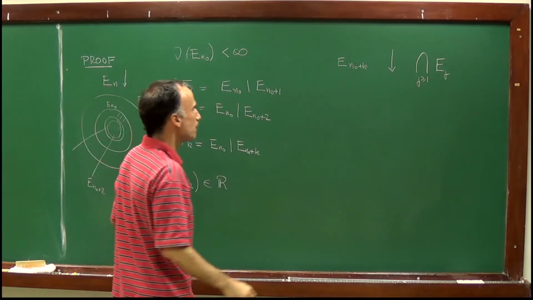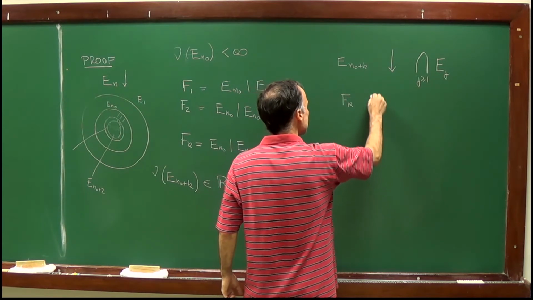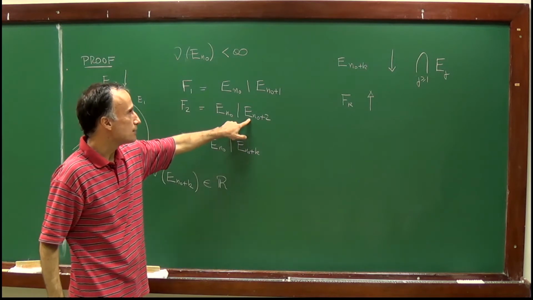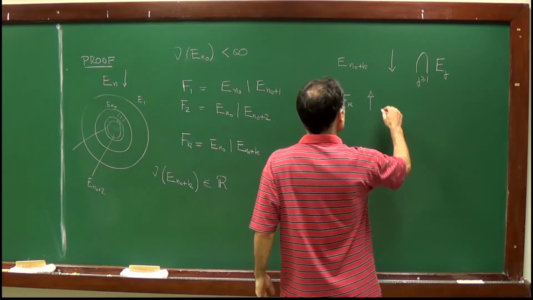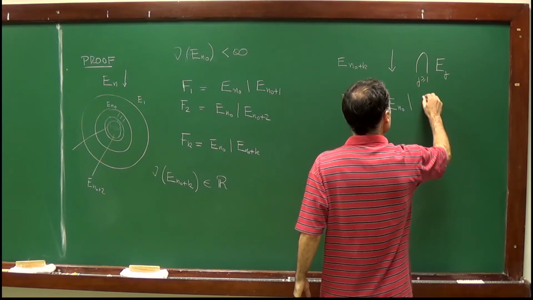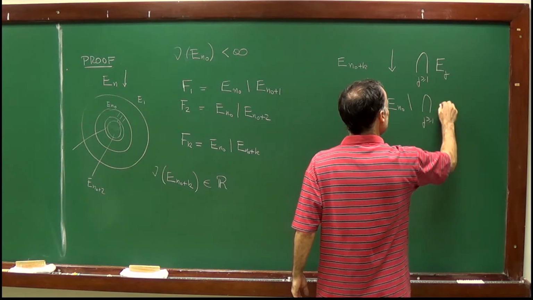This means that the sequence Fk is increasing, because we are subtracting these sets, to the set En0 minus the intersection of Ej.